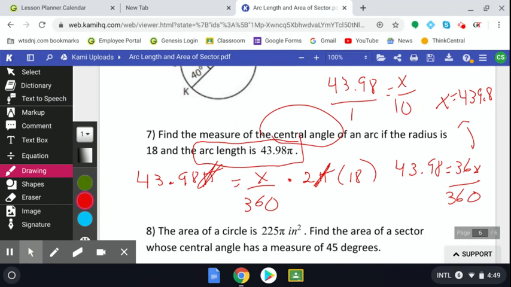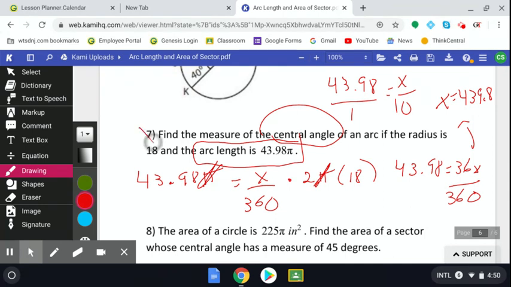The radius is 18, so 36 over 10. Okay, these numbers are not making sense.